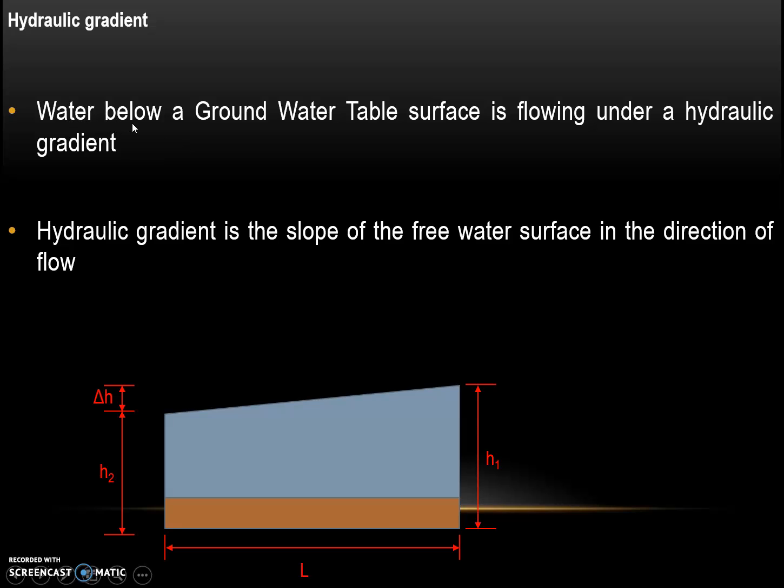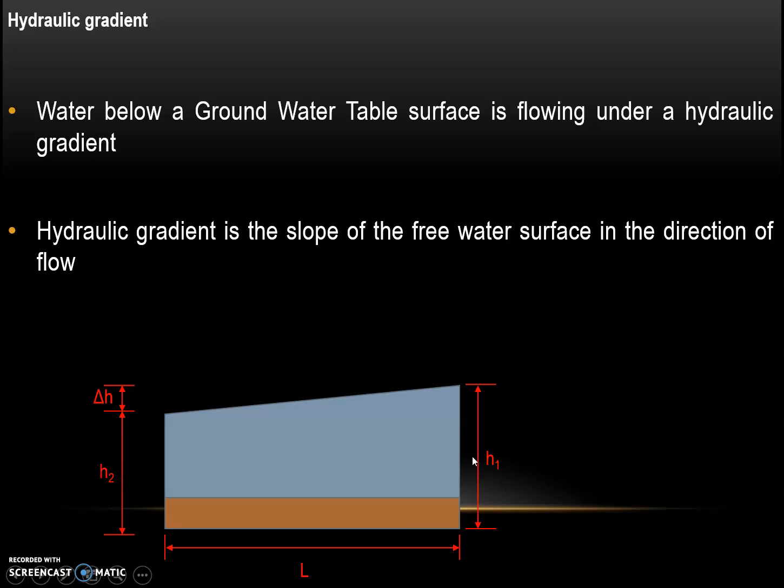Next we'll find out what is hydraulic gradient. Water below a groundwater table surface is flowing under a hydraulic gradient. And this hydraulic gradient is the slope of the free water surface in the direction of flow.